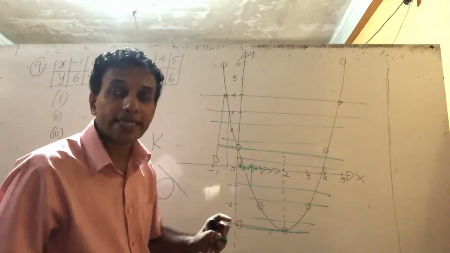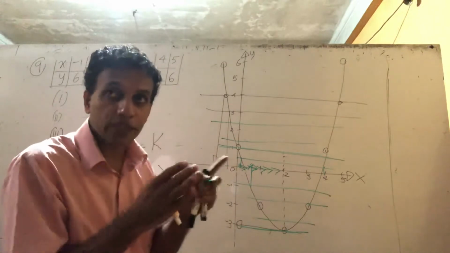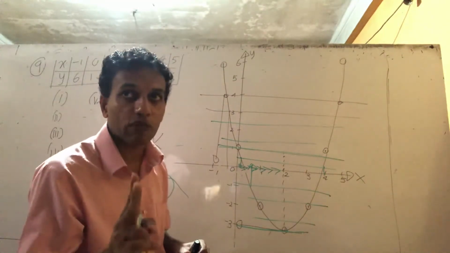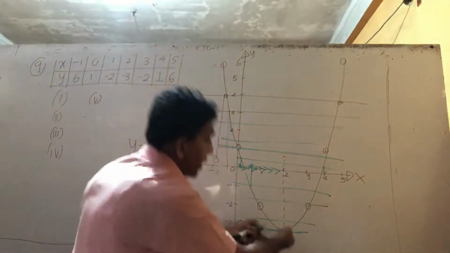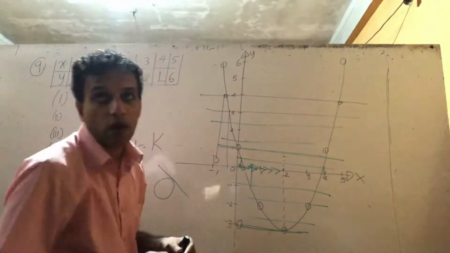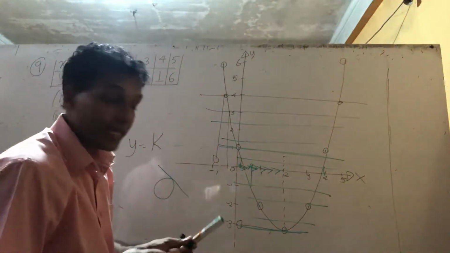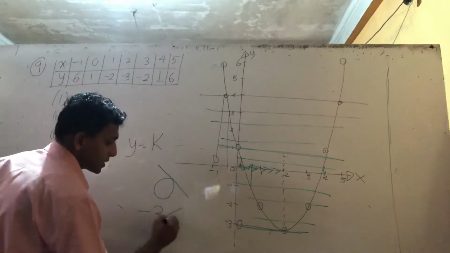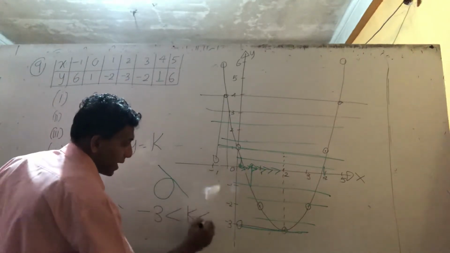The answer is the k boundaries, the range of k to take the two intersection positive values of x: more than minus 3, less than 1. Therefore, the answer is, you can say like this, more than minus 3, less than 1.